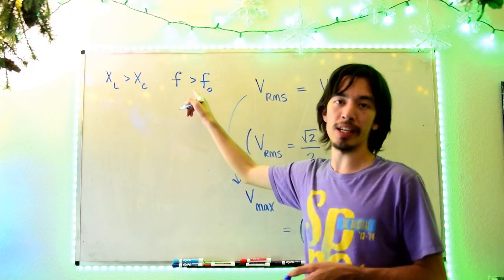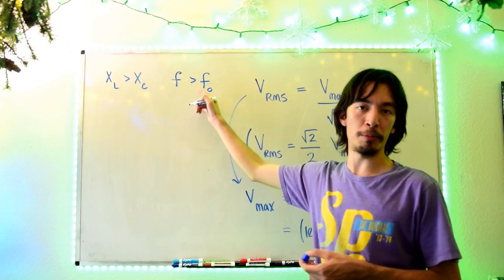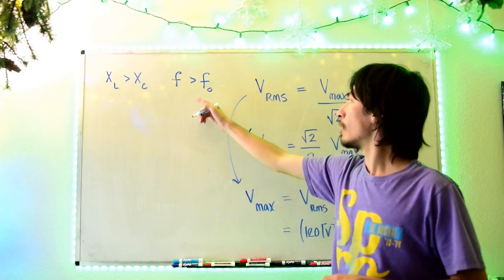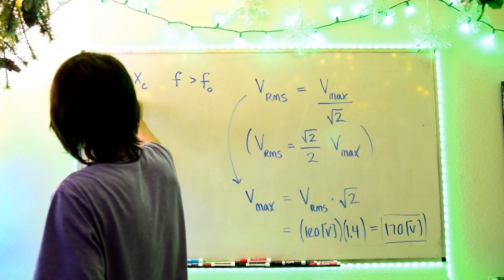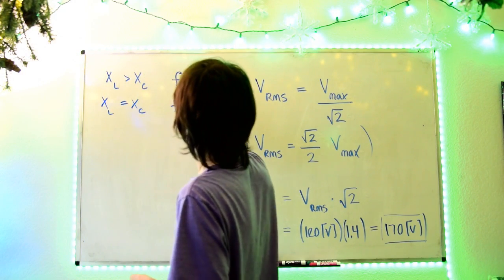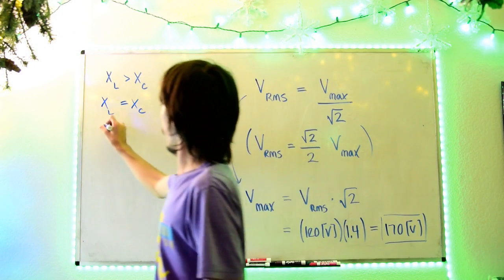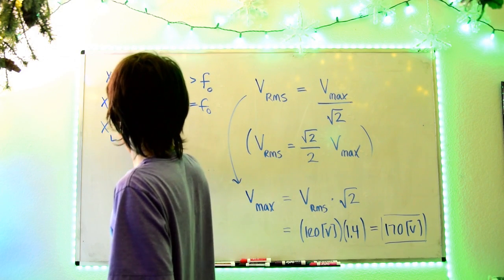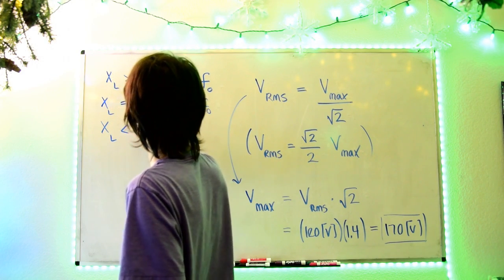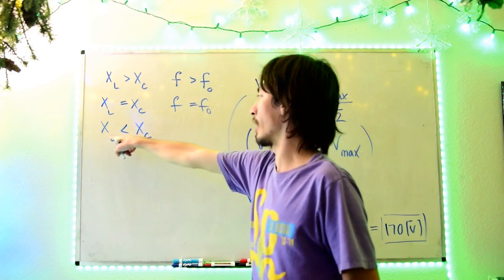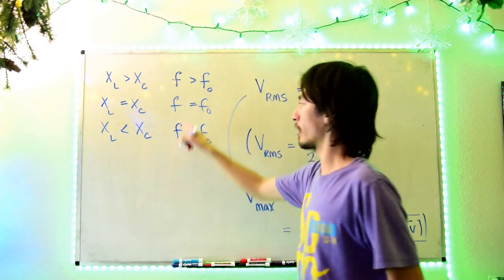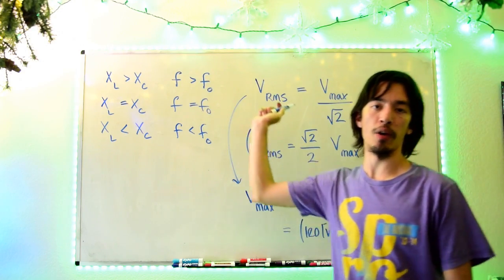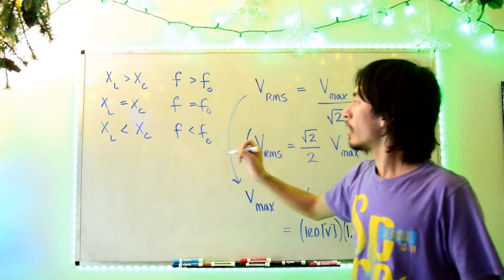Whenever you see F naught, it's representing the resonance frequency, whereas F is the driving frequency. When they're equal is when you're at resonance, and when the capacitive reactance is larger than the inductive reactance, you're running at a frequency which is less than the resonant frequency. So this is how I would summarize the whole thing.